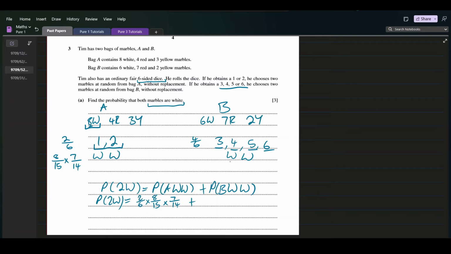Then the probability of picking the first white in bag B would be 6 out of 15. Then since we've picked one white, 5 will remain, and that's out of a total of 14. So this becomes 4 over 6 times 6 over 15 times 5 over 14.